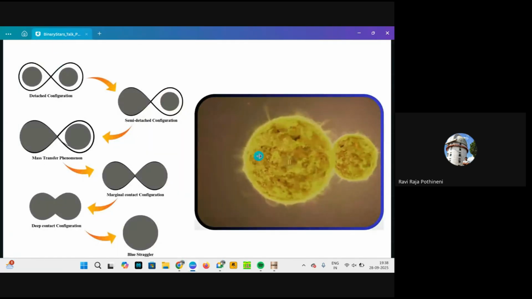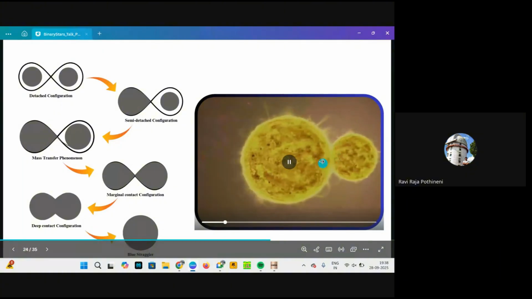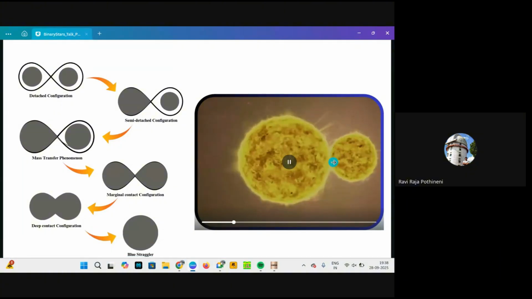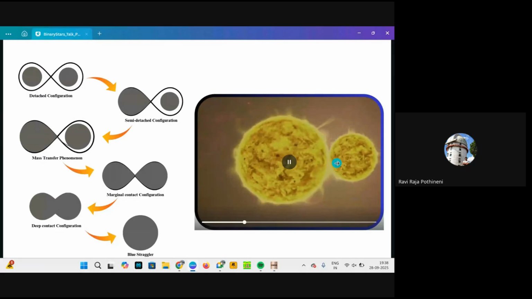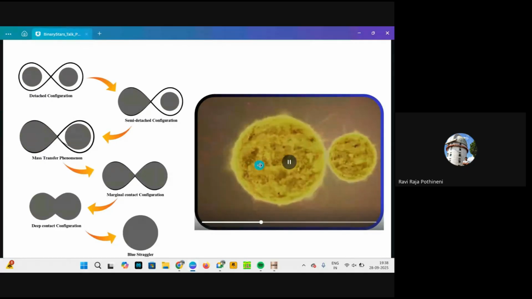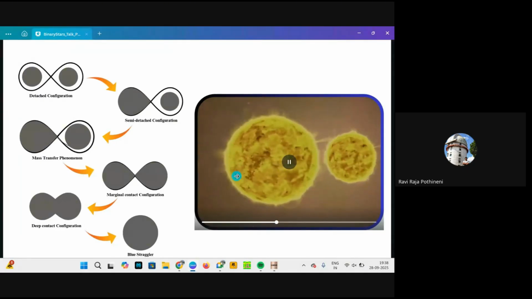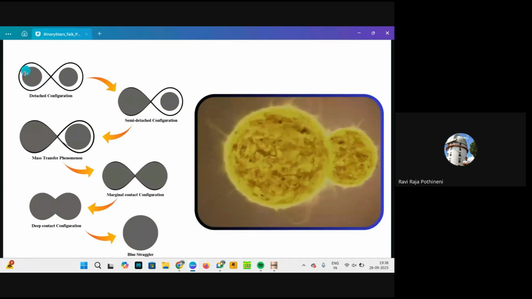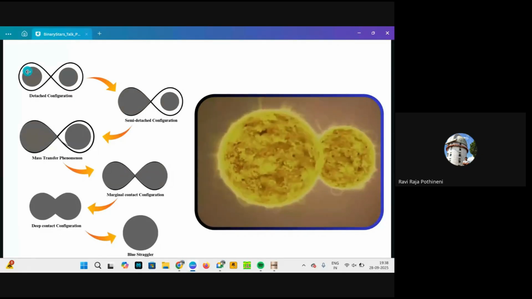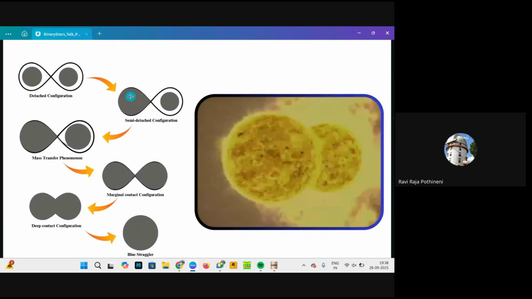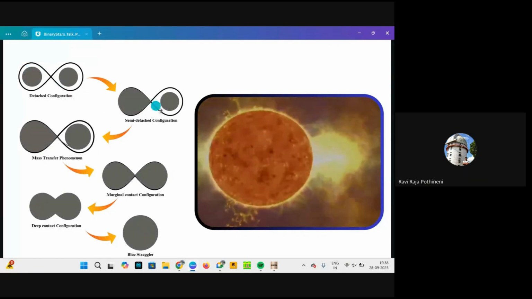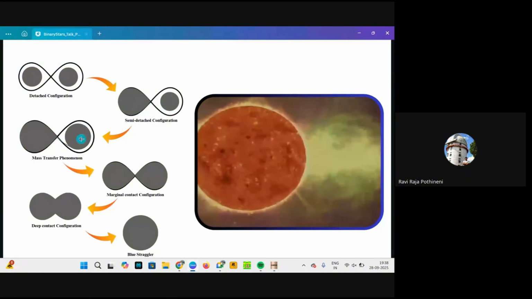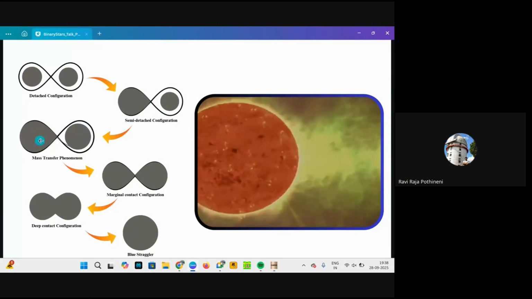Okay, so here you can look at this simulation. Here you have two systems. These can be treated as eclipsing systems, assuming they are along our line of sight. Over a period of time, one of these stars, because of mass variation, evolves, and once it evolves, it will transfer its mass to the other star.